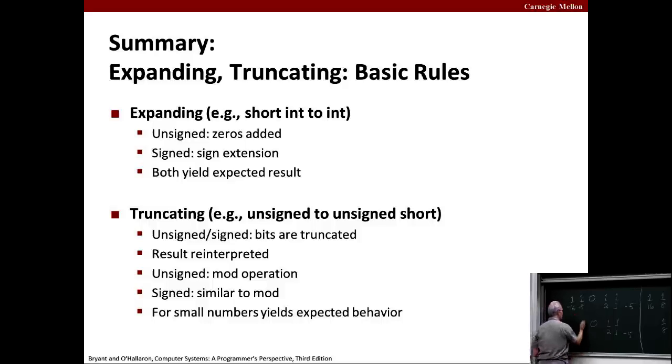But if we changed it to this, then this would be minus 13, and this would be plus 3. And it's a little harder to think about in terms of modular arithmetic.